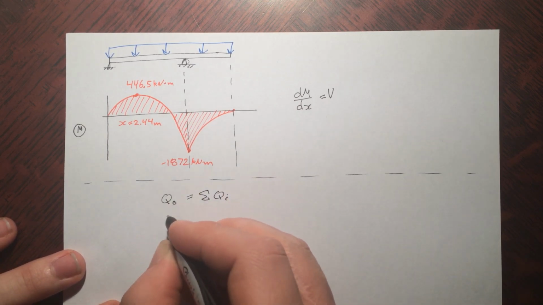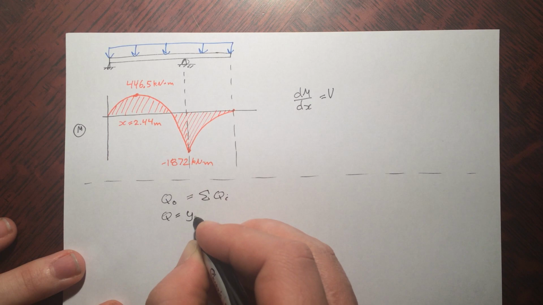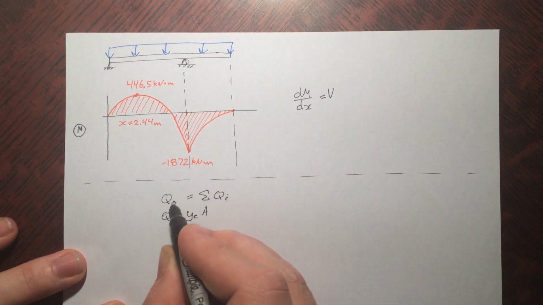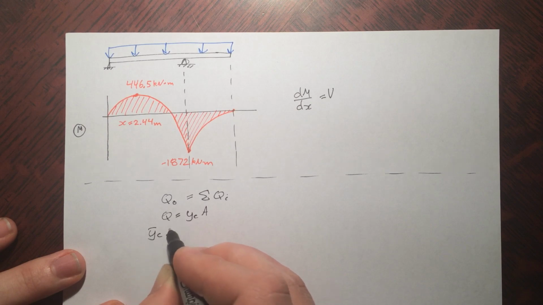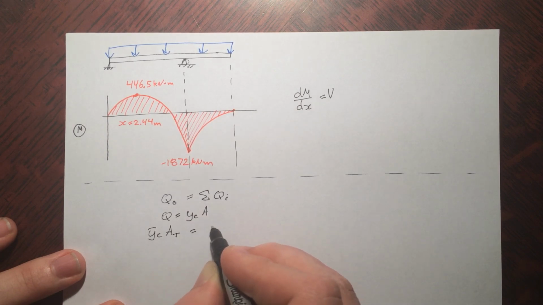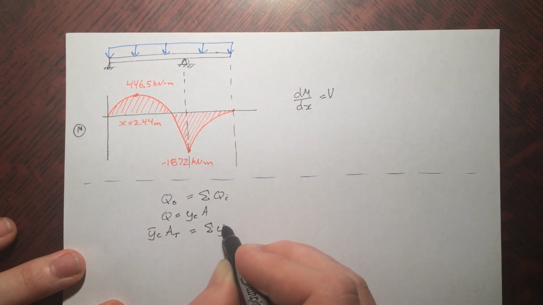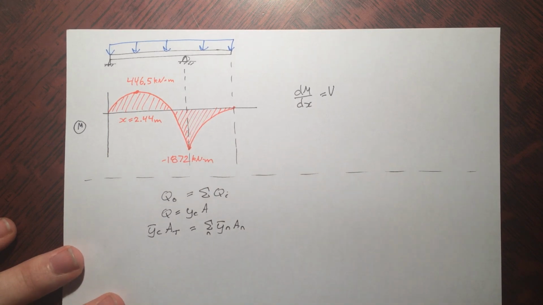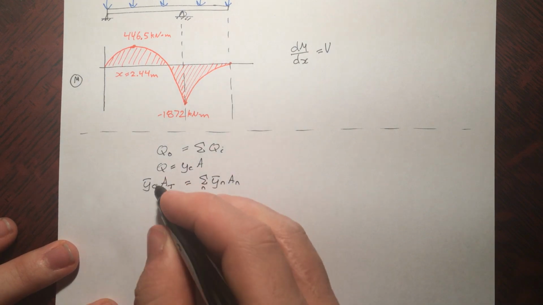So we can say, knowing that Q equals the y of the centroid times the area of that piece, we could say that Q overall is. Alright, and for our specific situation we have 3 pieces, so we can write.